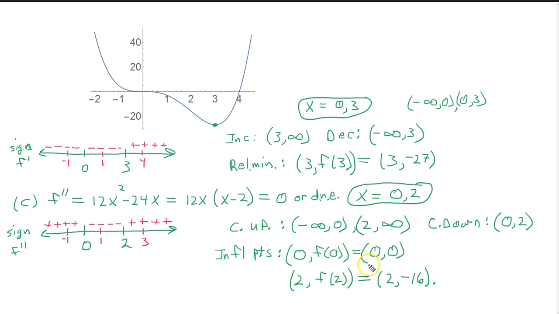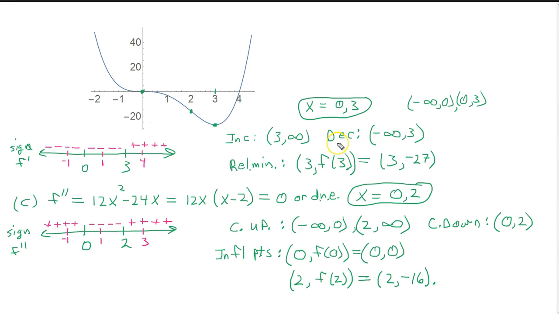We identified an inflection point at (0, 0). Yes, that does look like we're concave up here, and then we change to concave down. Also at (2, negative 16), that's right about there. Yes, that does look right also. We're concave down, and then we change to concave up. We found that our function was increasing from 3 to infinity, and yes, it is increasing from 3 to infinity.